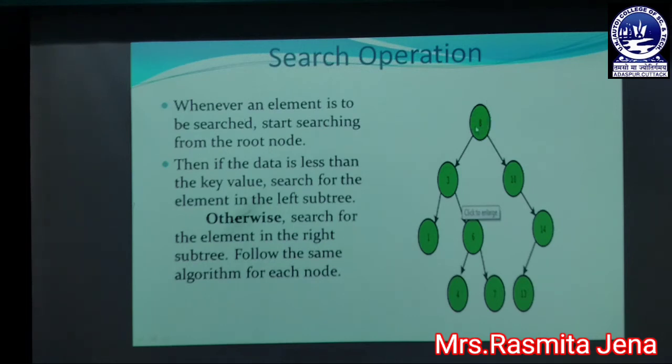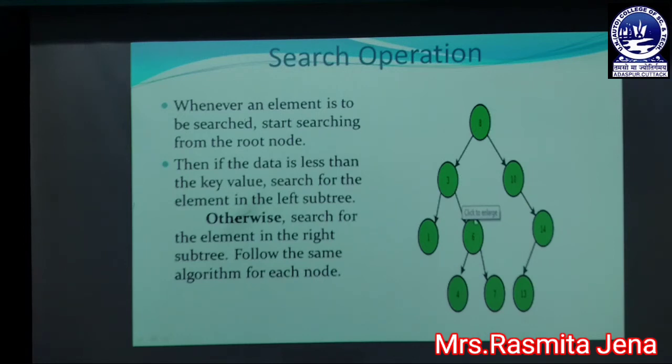If that element is less than the root key, then the search goes to the left subtree. Otherwise, if the element is greater than the root key, it goes to the right subtree. In this way we can perform the search operation.